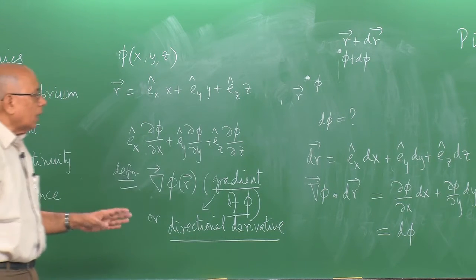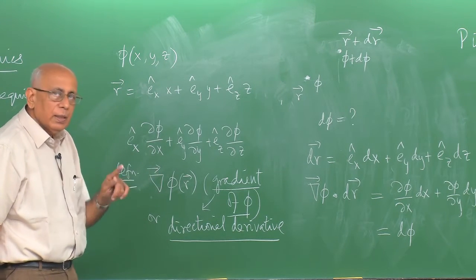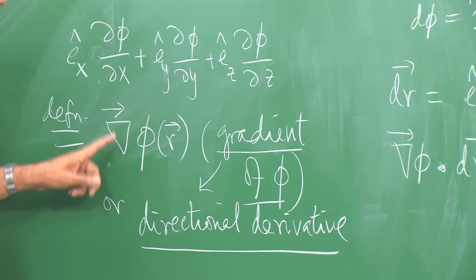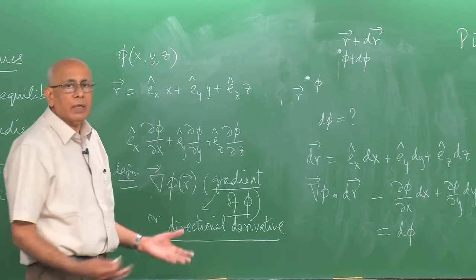If you need to find out what is the rate of change of this phi along any direction, then what you have to do is to dot this gradient of phi with the unit vector in that direction and you have the rate of change.